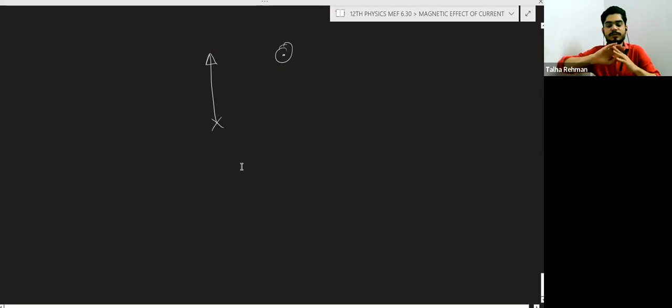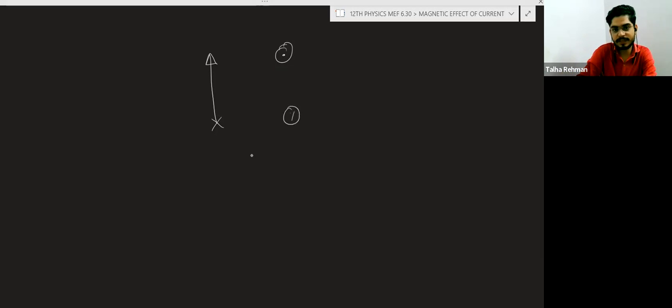If the arrow is going away from you, you will see this cross, the tail of the arrow. So this is how we represent something coming towards you or going away from you.